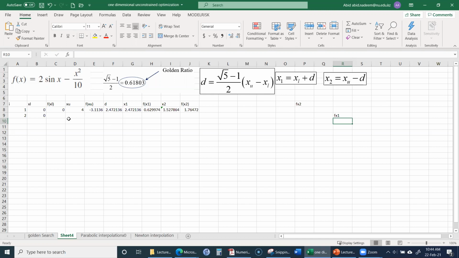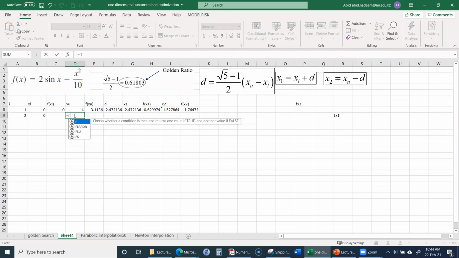So from x1 to xu we can eliminate it. In this case, if fx2 is greater than fx1, then our xu will become this value, fx1, sorry, this value will become our xu.